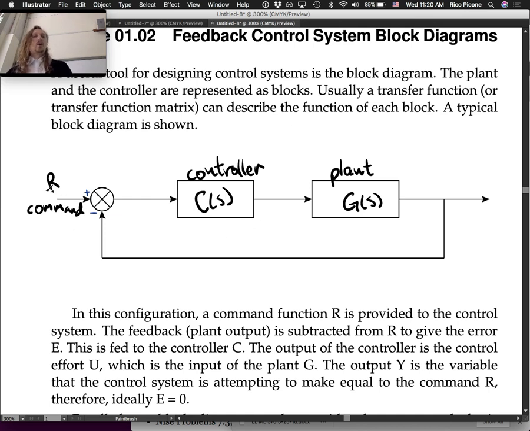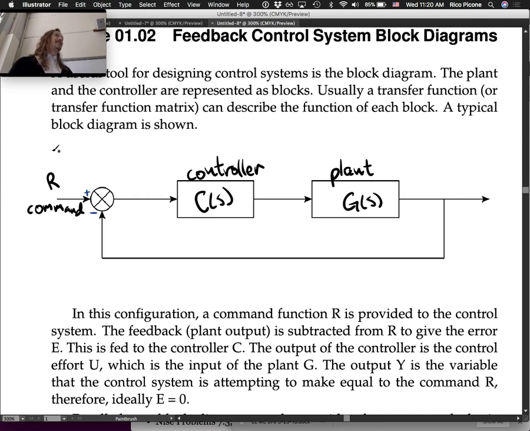This is what we want the output of the plant to be. So say the output of the plant is an angular position, and say we want to control it to be at 90 degrees. If we want the output to be 90 degrees, we would make our command 90 degrees.